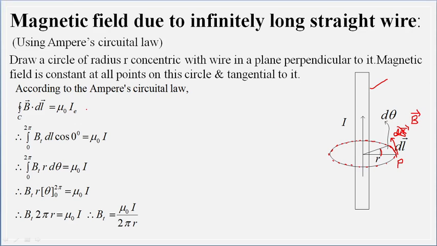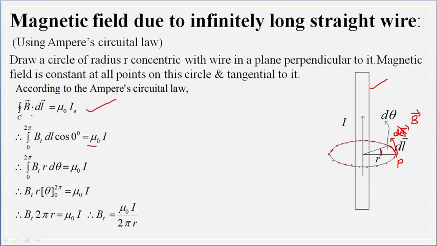Now we apply Ampere's circuital law. Here mu naught is there. Then through this loop, the current is crossing only once, so we have written I. Suppose it was crossing twice, we would have written 2I. Then B dot dl: the element dl is tangential to the loop, and the magnetic field is also tangential, so the angle between B and dl is 0.